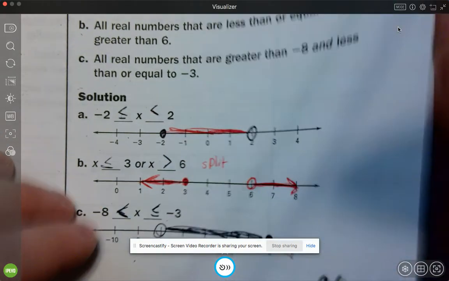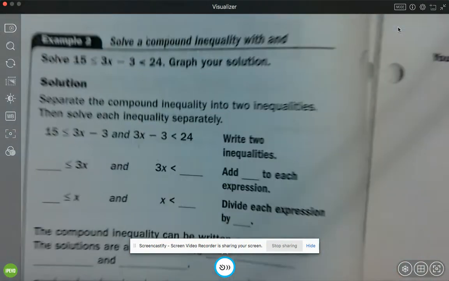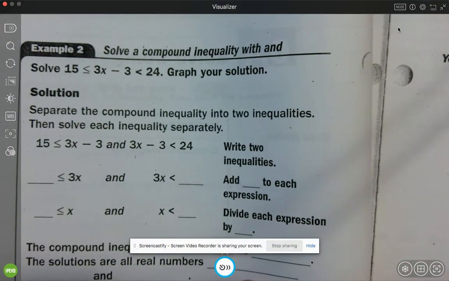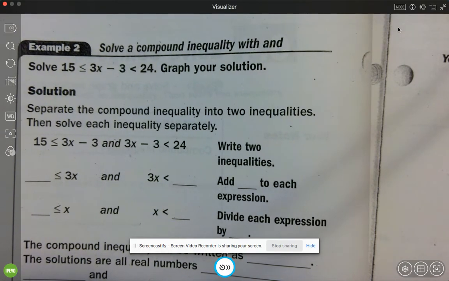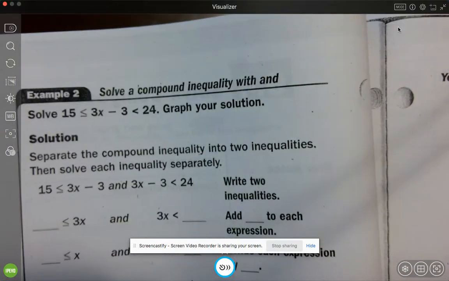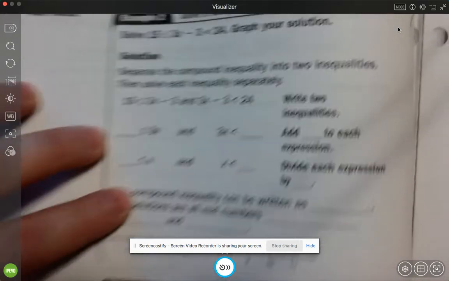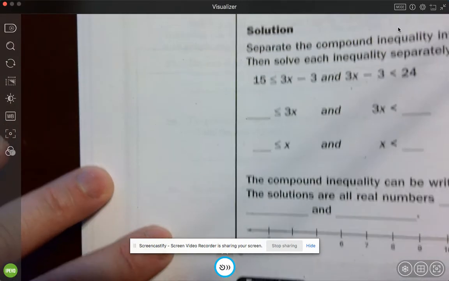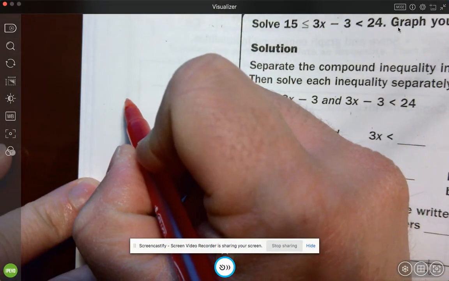Cool. On the page, let's look at the next example, solving some compound inequalities. Let's give this a shot. We did this a couple times already, so it shouldn't be too new. It's an and. I'm going to do it off to the side because I like to keep it together and do it as one large compound inequality.